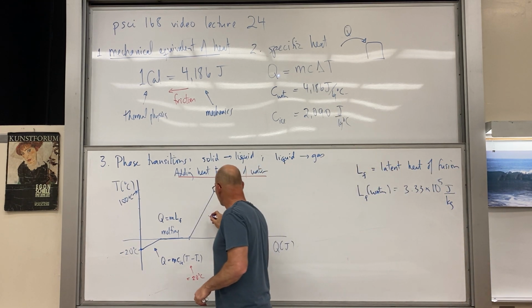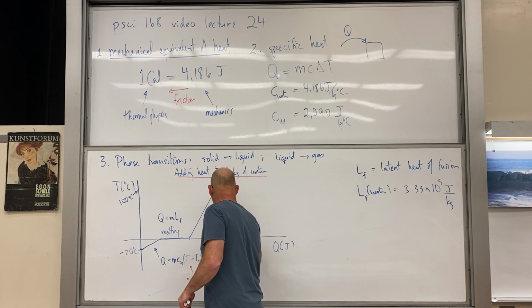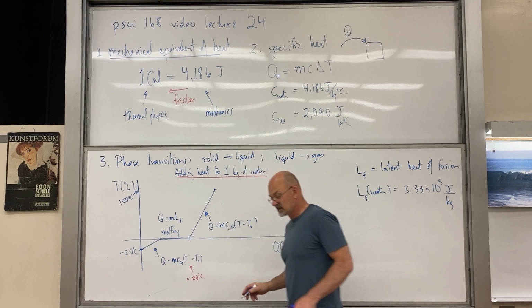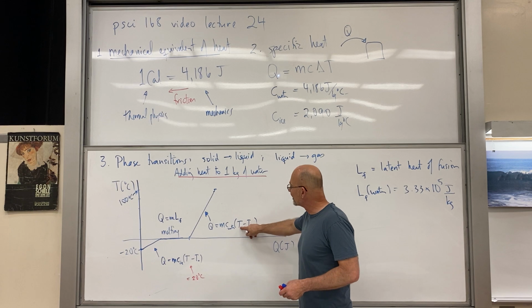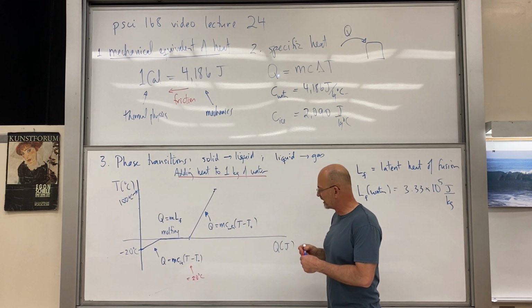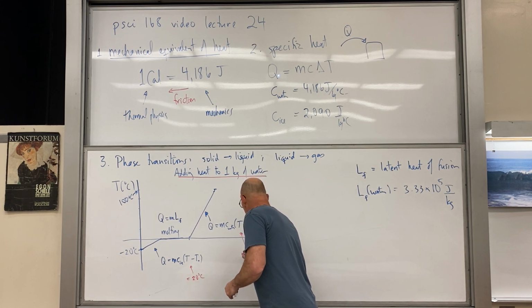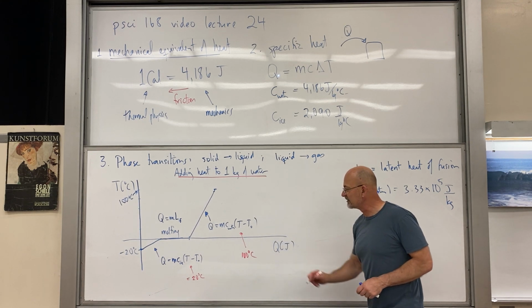So here we have Q equals m c of water, T minus T sub 0. So this T sub 0 really is 0 degrees Celsius. And this T here, when we get up to 100 degrees, that would be 100 degrees. So in this particular example, 100 degrees Celsius.